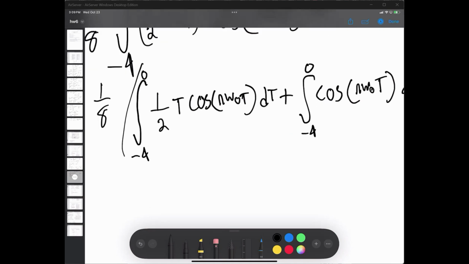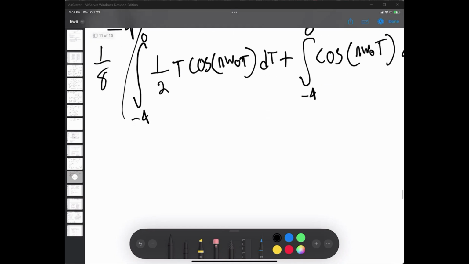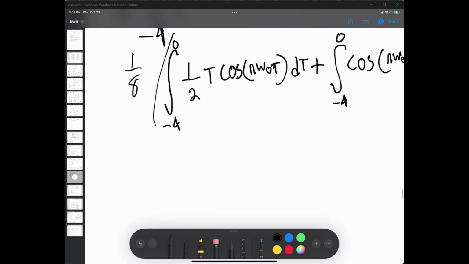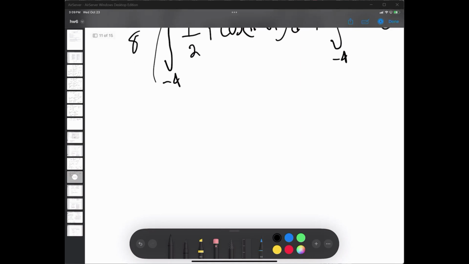So let's keep going. We'll integrate the one on the left with integration by parts. We'll let u equal t, and dv equal cosine of n omega naught t.